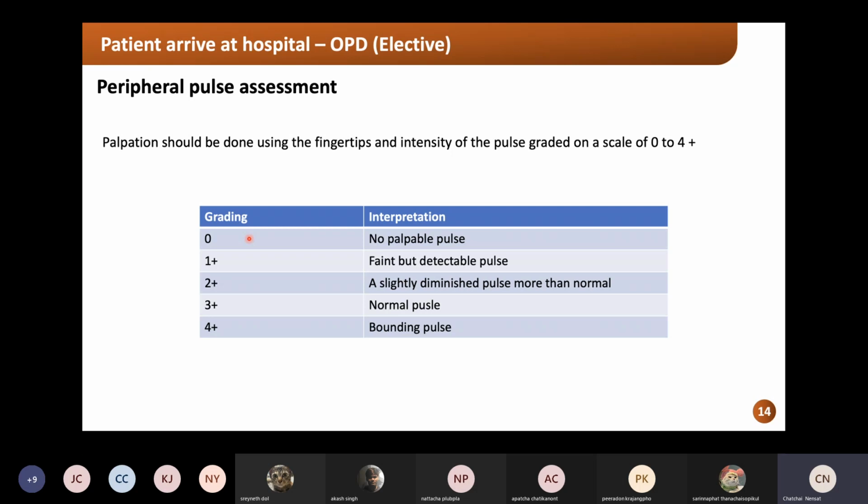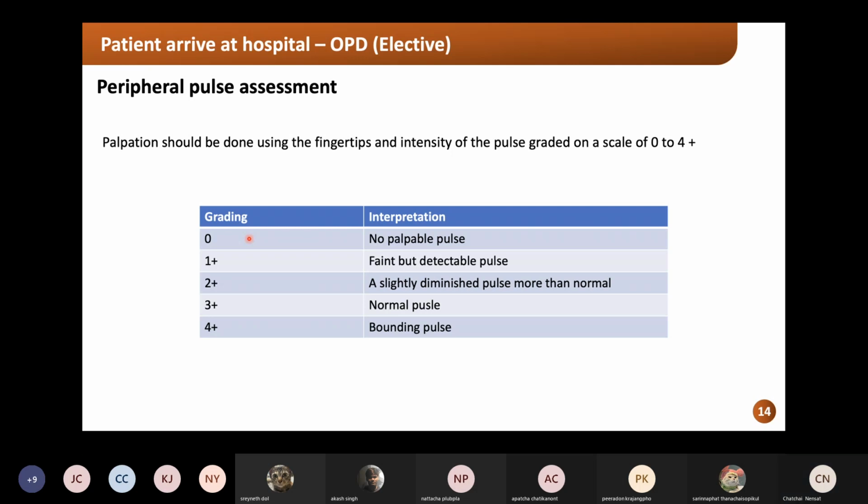There might be some problem on the brachial artery, like stenosis or occlusion, so the patient needs further investigation on the brachial artery.